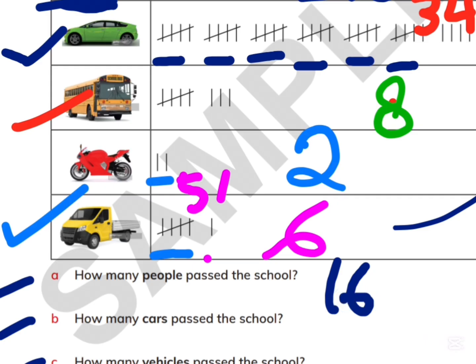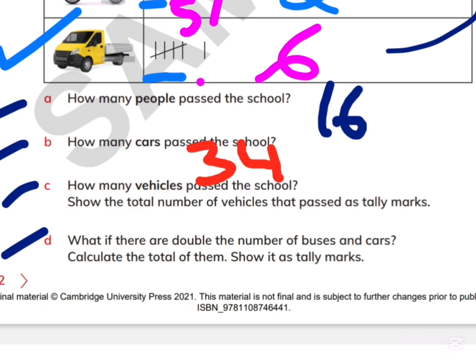How many people are using the cars? 34 people. We have already counted, so we will write it here. Okay, how many vehicles pass the schools? Show the total number of vehicles passed as tally marks. So we have to write the number of vehicles.